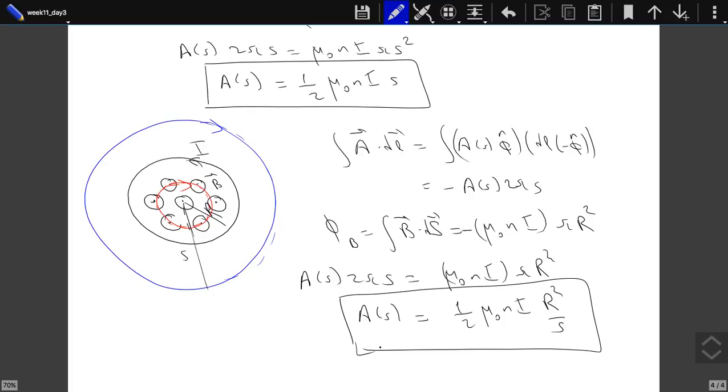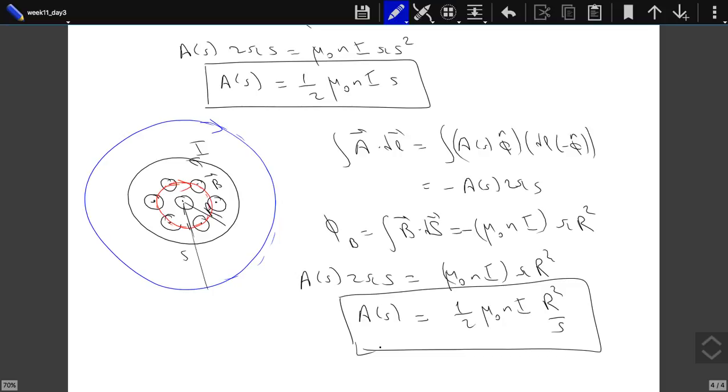This is the other means of calculating A. Well, the trick is how do you calculate the B field flux.